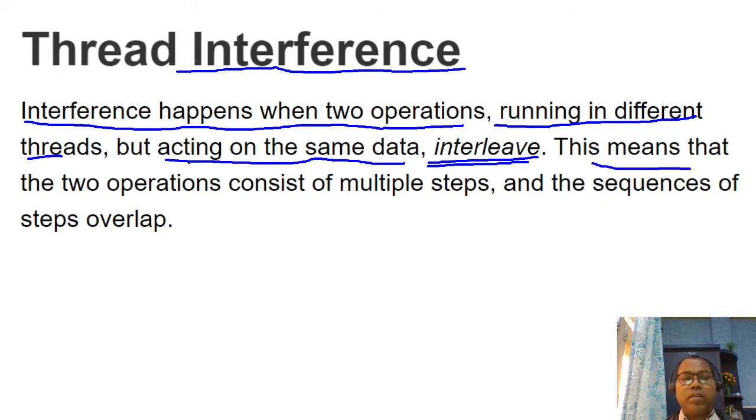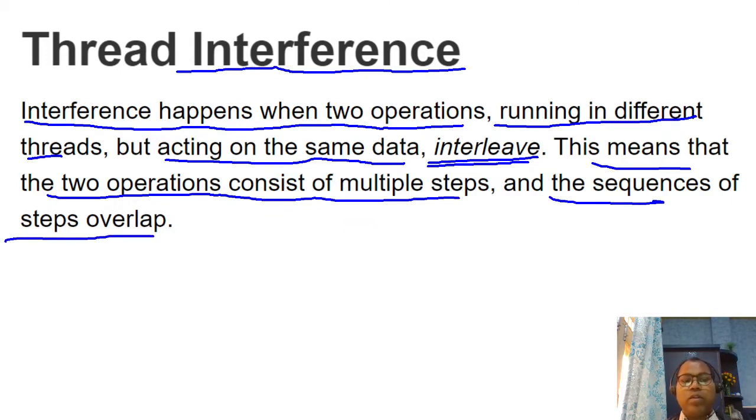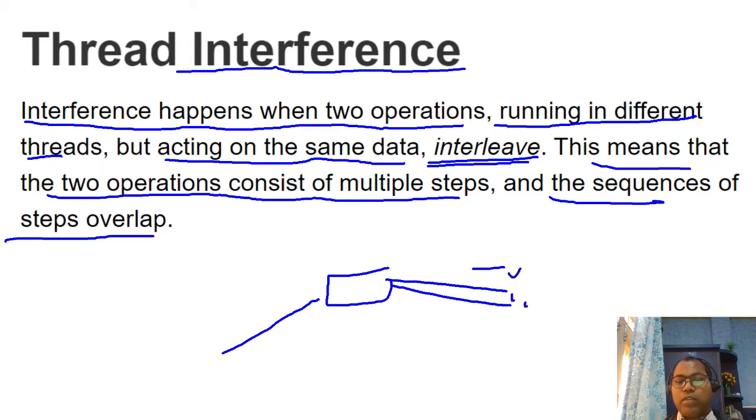This means that the two operations consist of multiple steps and the sequences of steps overlap. Say one operation is defined by three statements, statement 1, statement 2, statement 3, and the same operation is done at the same time by multiple threads. There might be some operation overlap, and that is the problem of interleaving.